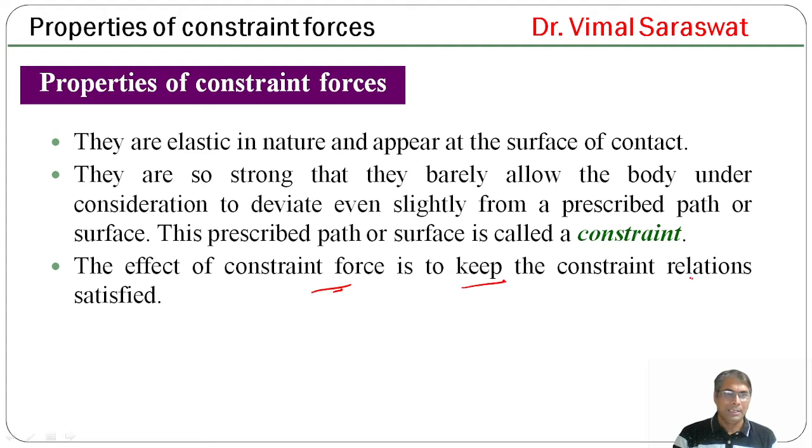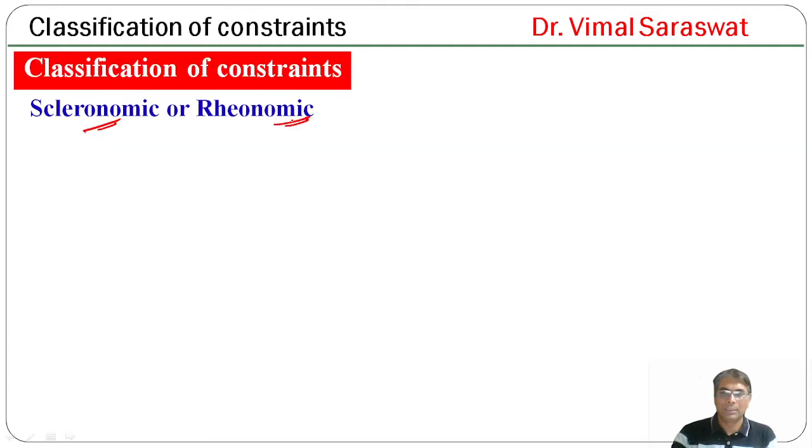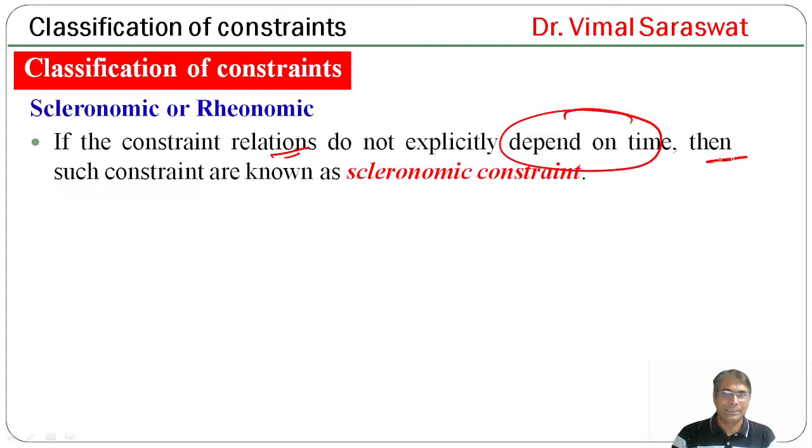Now, how can we classify the constraint? First classification is scleronomic or rheonomic. Now, what are these constraints? If the constraint relations do not explicitly depend on time, then such constraints are known as scleronomic constraints.